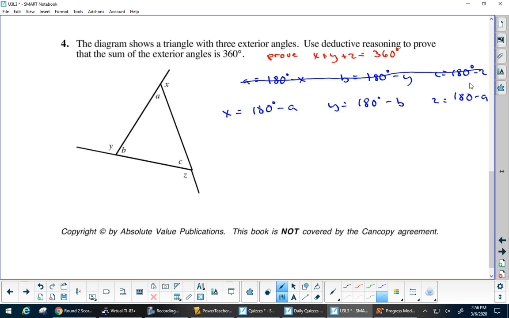Now, okay, what else do I know is true? Very nice. I know for sure that a plus b plus c must add up to 180 degrees, right?